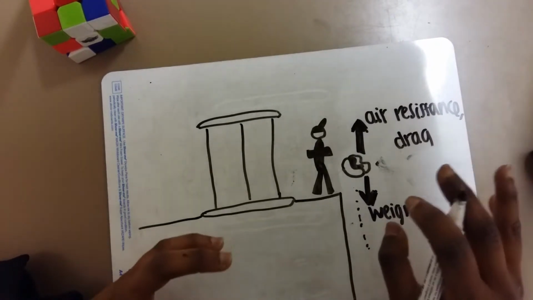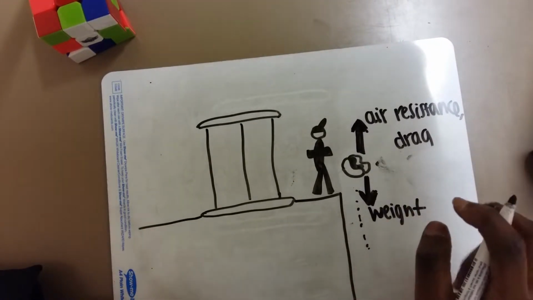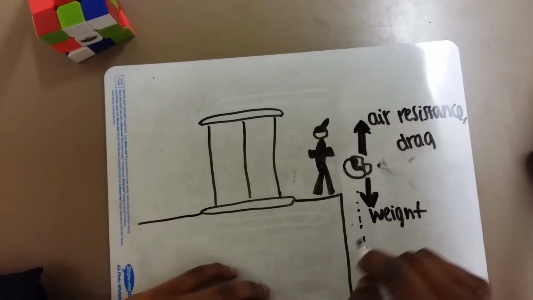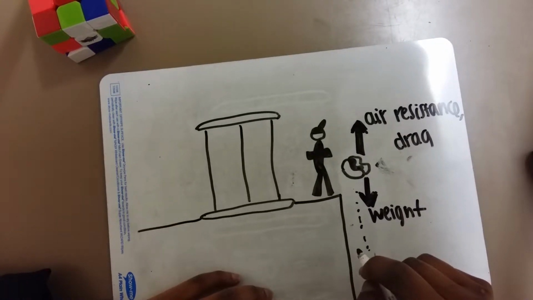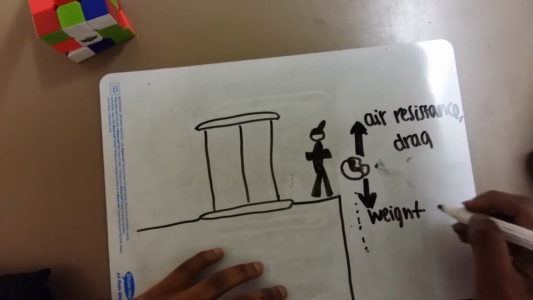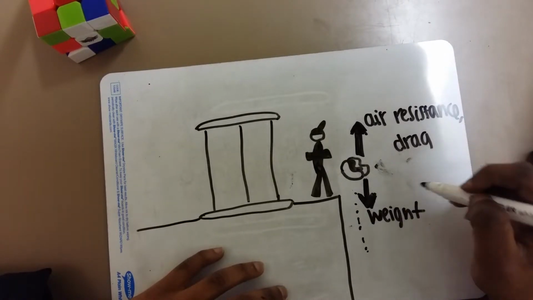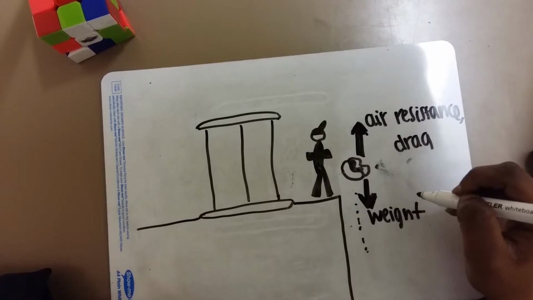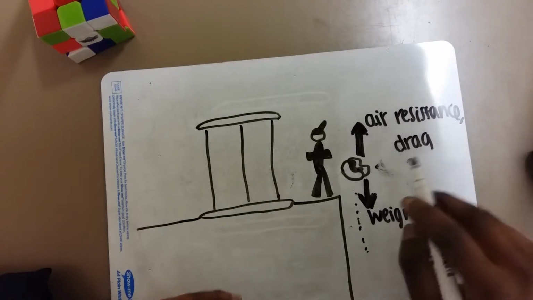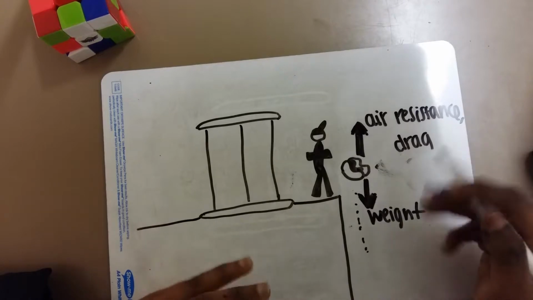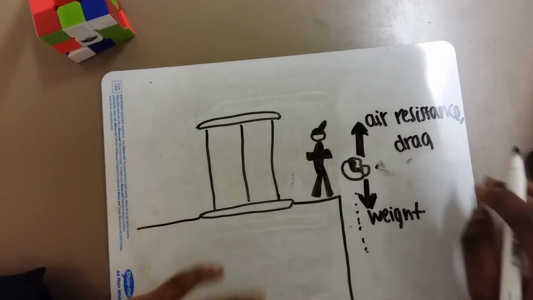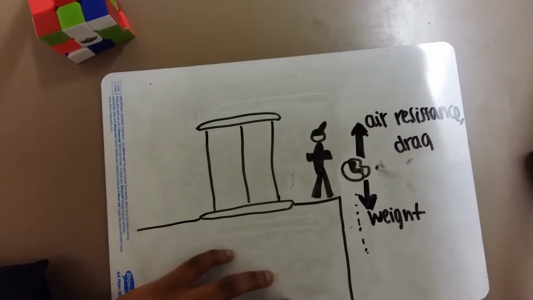So it's not stationary in midair. It is actually moving at a constant velocity. This constant velocity is achieved because of the increasing air resistance on the hot dog, because as it moves faster and faster there's more air resistance. That sort of balancing of forces, that constant velocity, is called terminal velocity.